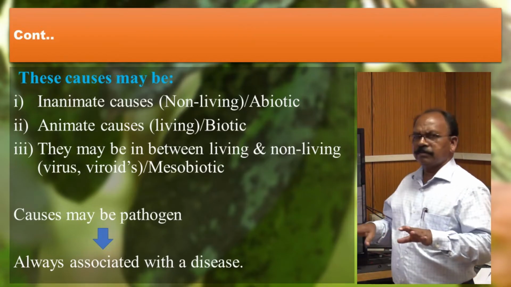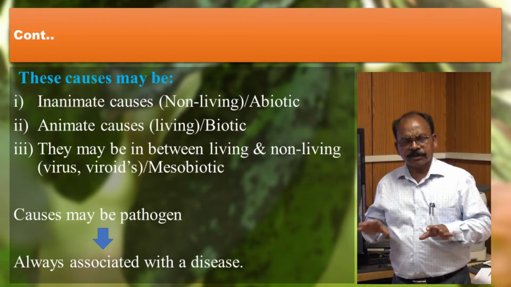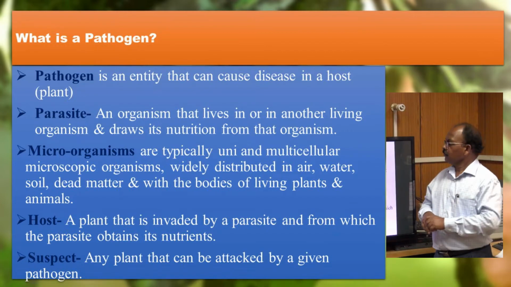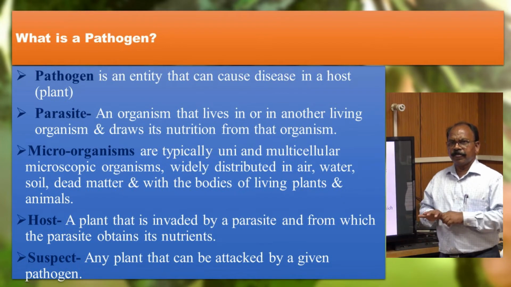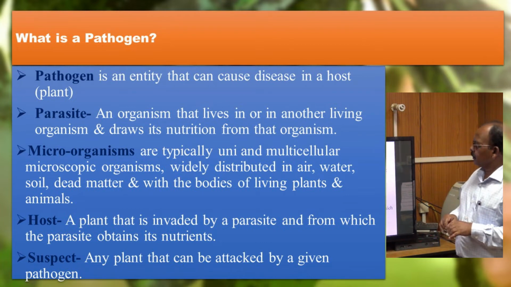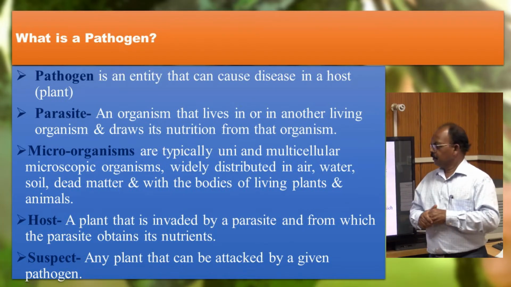Now causes may be a pathogen, and pathogens are always associated with diseases. Now what is a pathogen? Pathogen is an entity that can cause disease in a host plant. And parasite, what is a parasite?